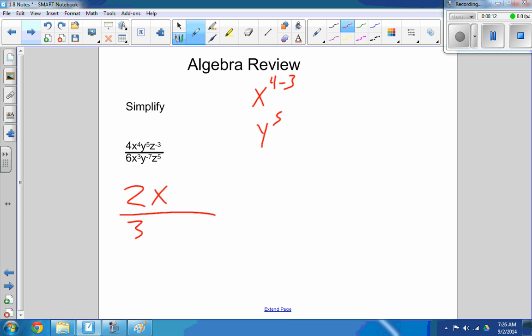Y to the fifth minus negative 7, well, that's plus, so 5 plus 7 is y to the 12. Z, negative 3 minus 5, that's z to the negative 8th. So negative as an exponent, I want on the denominator, so I'm going to have z positive 8. So my negative 8 becomes a positive 8 on the denominator. And that is the end of our lesson.